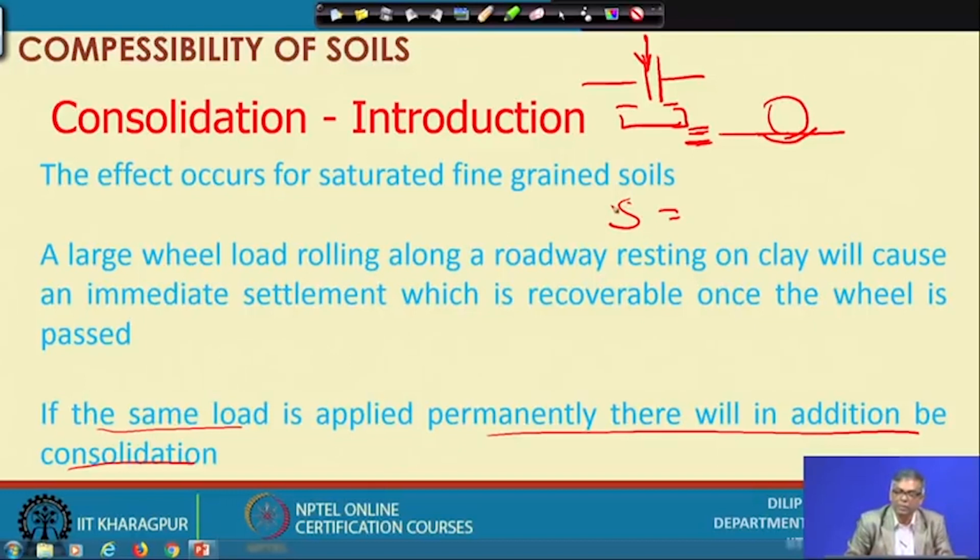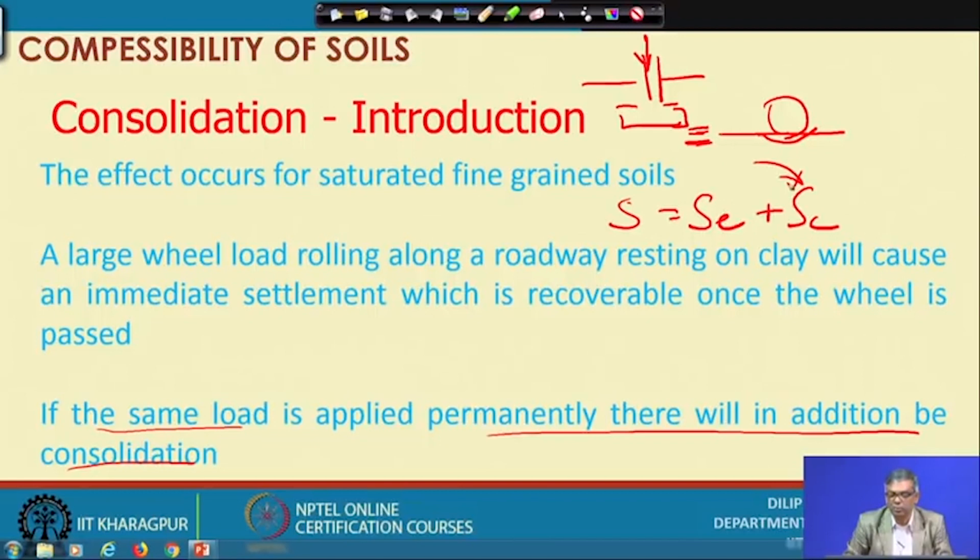This S will be a combination of three components. Right now, I will not discuss the third component. Basically, I will discuss the first two components, one is elastic, another is consolidation. So soil when loaded will elastically settle, and in addition to that, if there is a saturated fine grain soil, then immediately after loading, pore pressure will develop within the soil, and slowly that pore pressure will be dissipated.